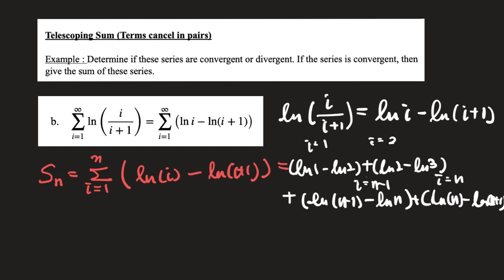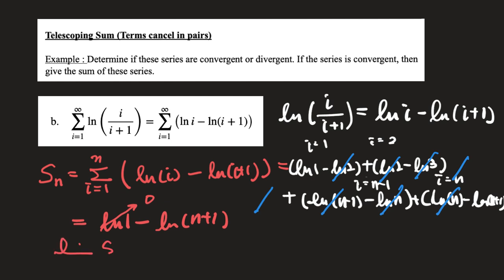Now, after this, look at this one. What cancels out? ln 2, negative and positive; ln 3; ln of n minus 1 with the previous term; ln n with ln n. That cancels out. What you're left with is ln 1 minus ln of n plus 1. So the partial sum Sn is ln 1 minus ln of n plus 1. ln 1 is 0.